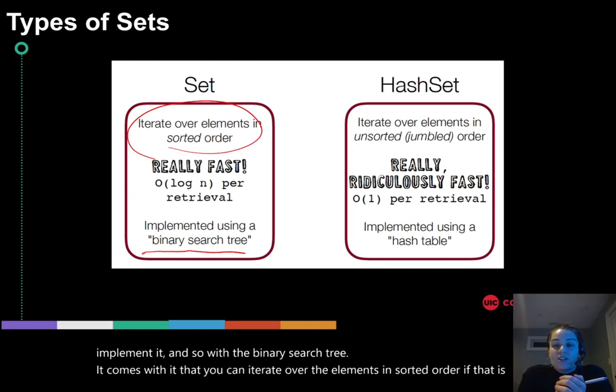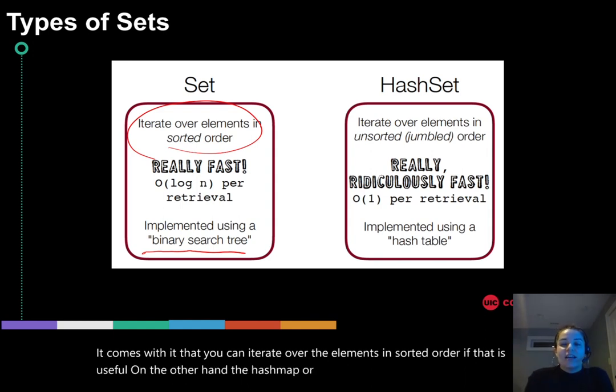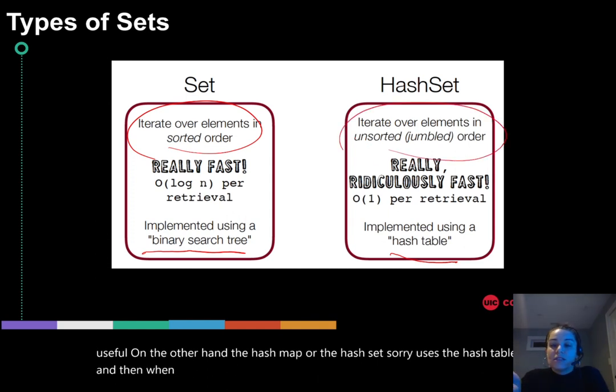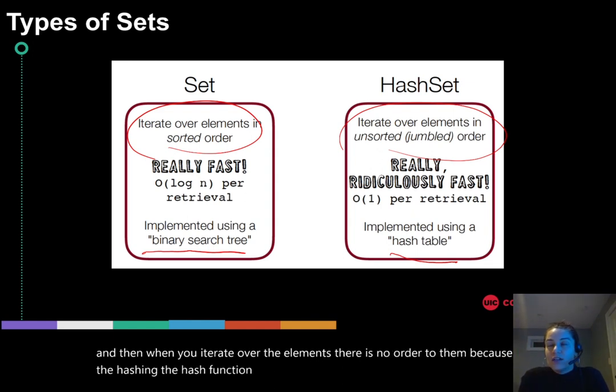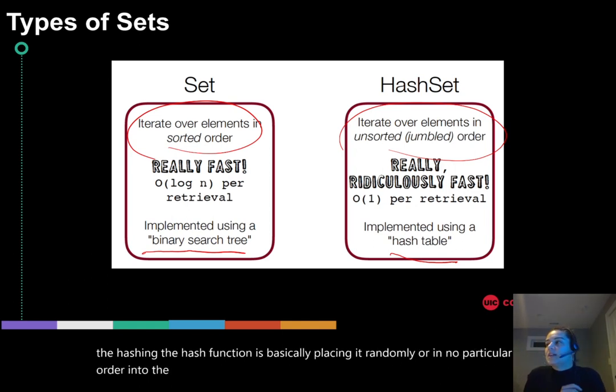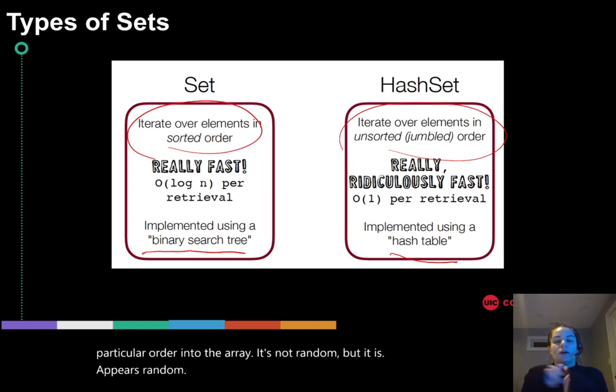On the other hand, the hash set uses the hash table, and when you iterate over the elements, there is no order to them because the hash function places them in no particular order into the array. It's not random, but it appears random. So these are the two different ways.